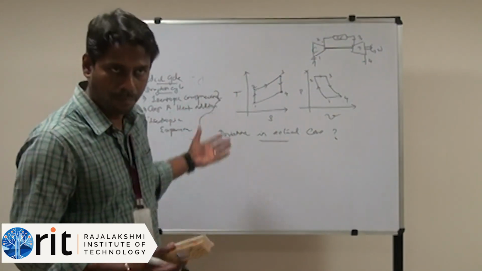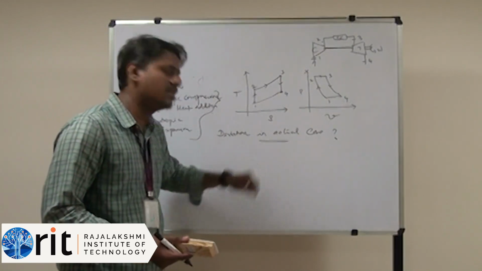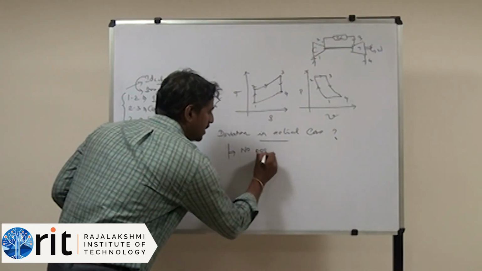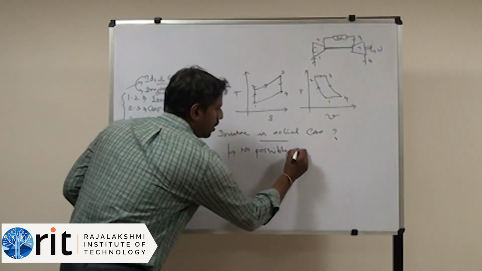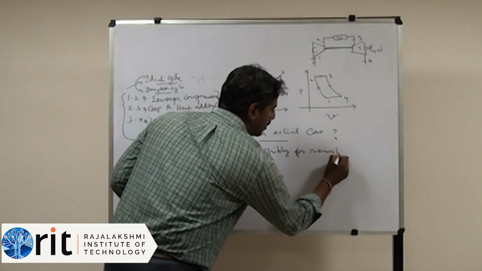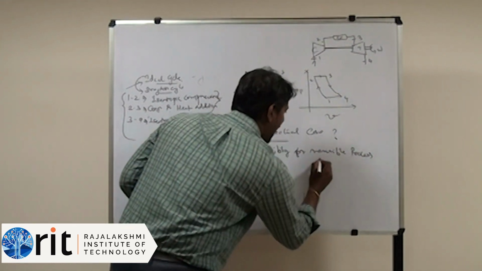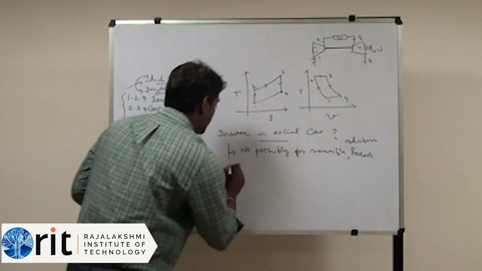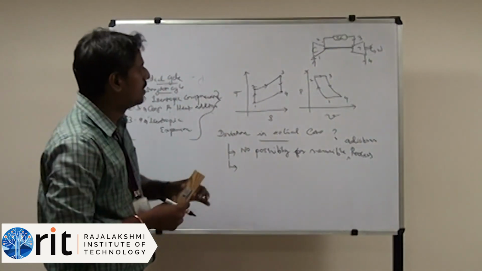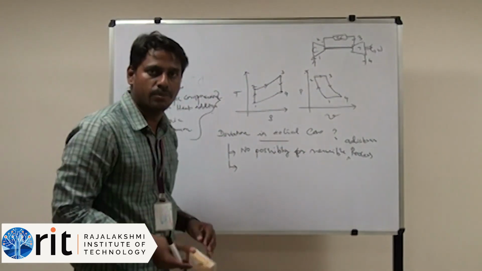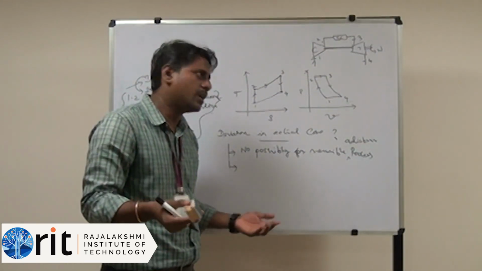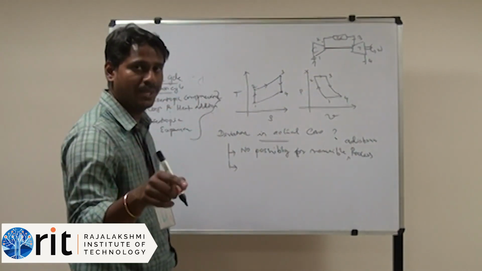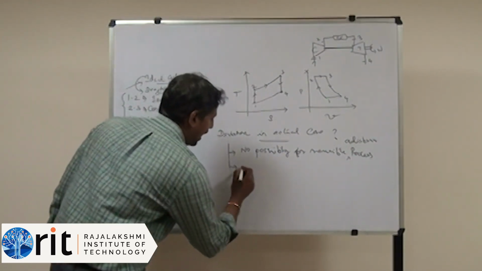That is the first deviation: there is no possibility for a reversible adiabatic process. The next thing is pressure losses. We are saying that 2 to 3, the heat addition, is a constant pressure process. Practically speaking, there is no possibility for a constant pressure heat addition process either. That is another deviation, but we are assuming that there are no pressure losses.